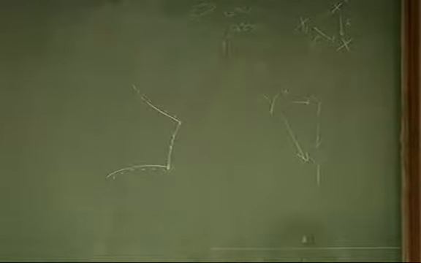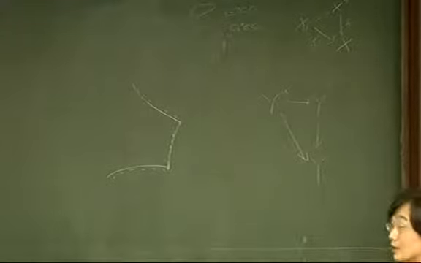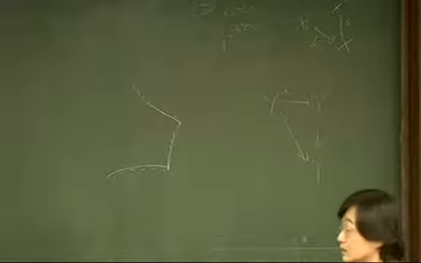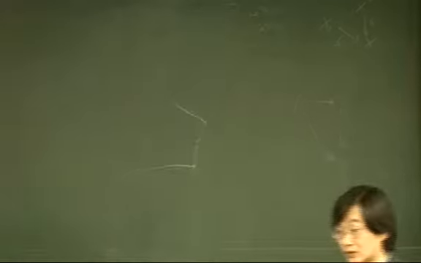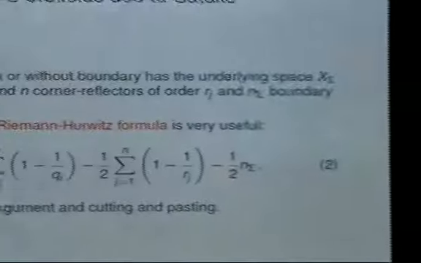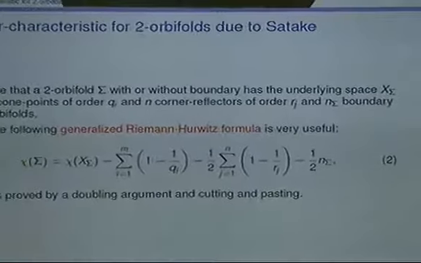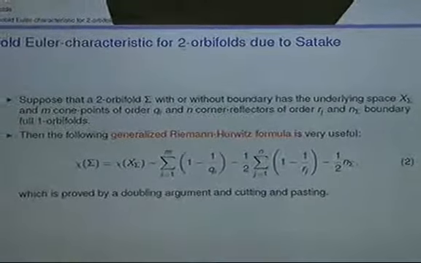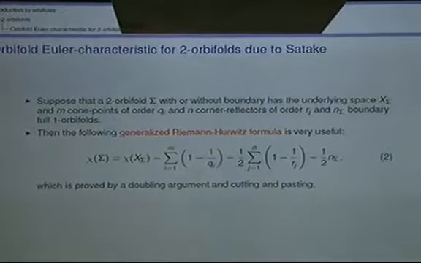Just count the Euler characteristic of the sigma. You notice that the underlying space is always in this case a manifold with corners, but in higher dimensions this is actually false. In two dimensions, luckily, you always get a manifold as the underlying space, but in higher dimensions it will fail.